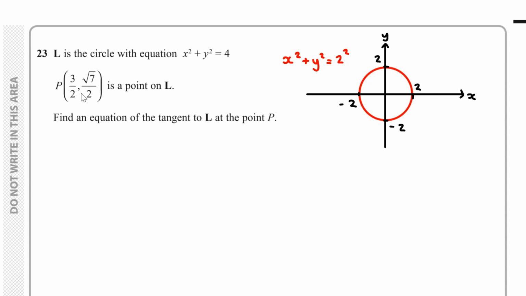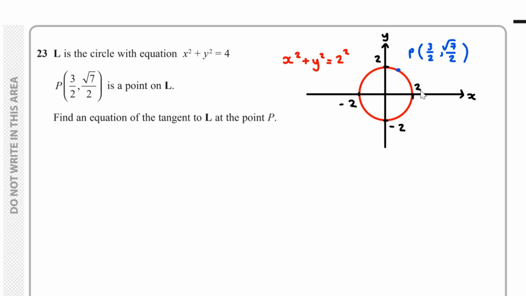Now, I've got the point 3 over 2 and root 7 over 2, and that's a point on L. And if I show that somewhere here, we've got the point P with coordinates 3 over 2 and root 7 over 2.